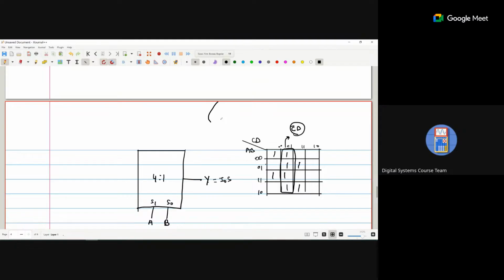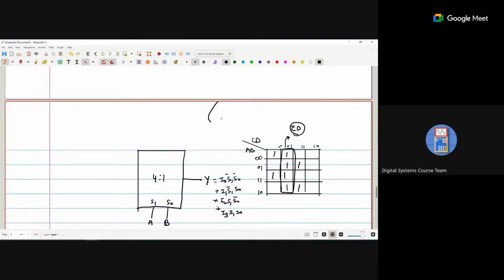I0 S1 bar S0 bar plus I1 S1 bar S0 plus I2 S1 S0 bar plus I3 S1 S0.